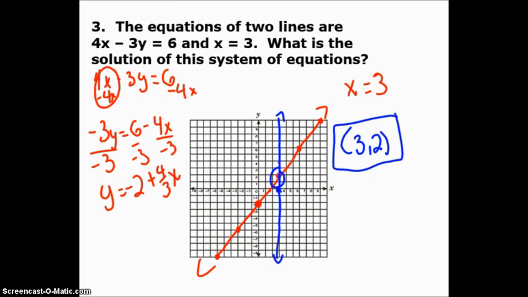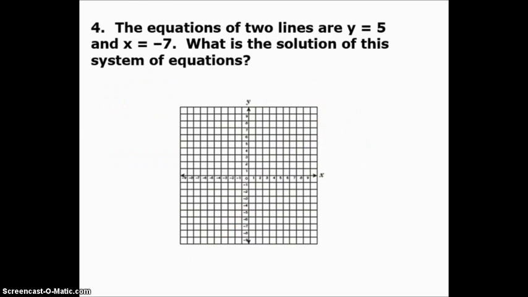Alrighty. One more example. We have the equations of two lines are y equals 5 and x equals negative 7. Okay, so y equals 5 is the horizontal line through 5 on the y-axis. So 1, 2, 3, 4, 5.